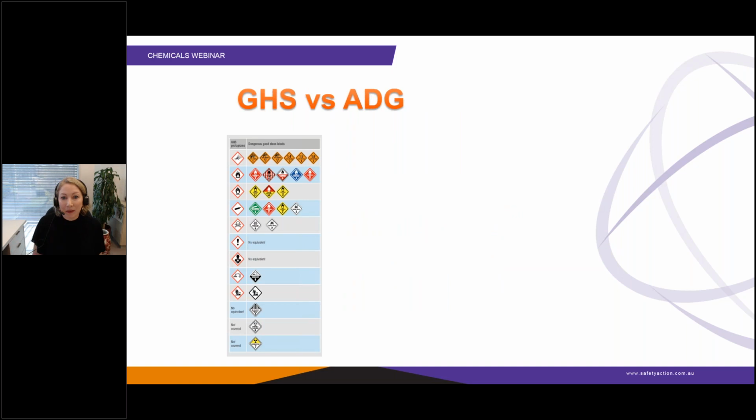Now on the screen here, I'm showing you a comparison between the hazardous chemical GHS pictograms and the dangerous goods diamonds. For example, a common dangerous good is flammable liquids, flammable solids, there's various types of flammables, but when it comes to the GHS pictogram, they all share this one flammables diamond.